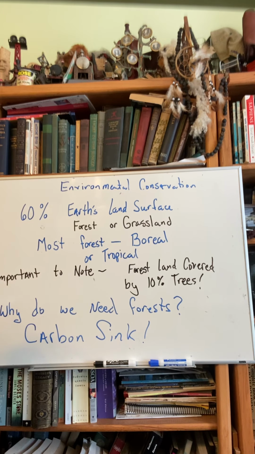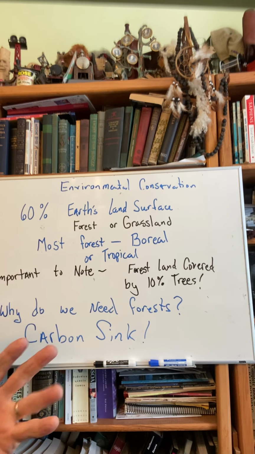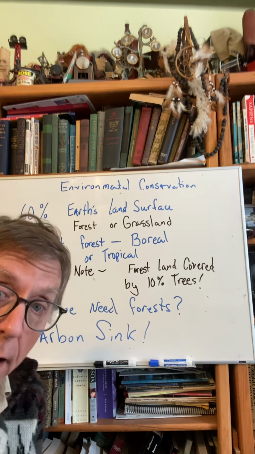Now, when we look at the Earth's surface, we see that 60% of the Earth's land surface is covered in forest or grasslands. That sounds like a lot, right?